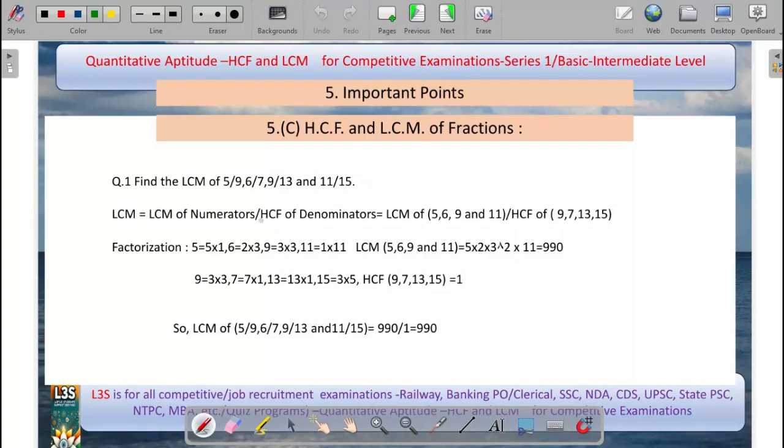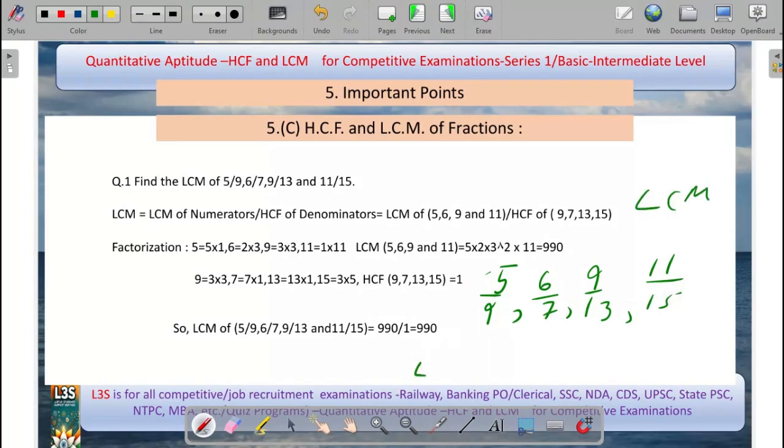So one example here: find the LCM of 5 by 9, 6 by 7, 9 by 13, 11 by 15. What we have to do here is take the LCM of numerators, then the HCF of denominators.